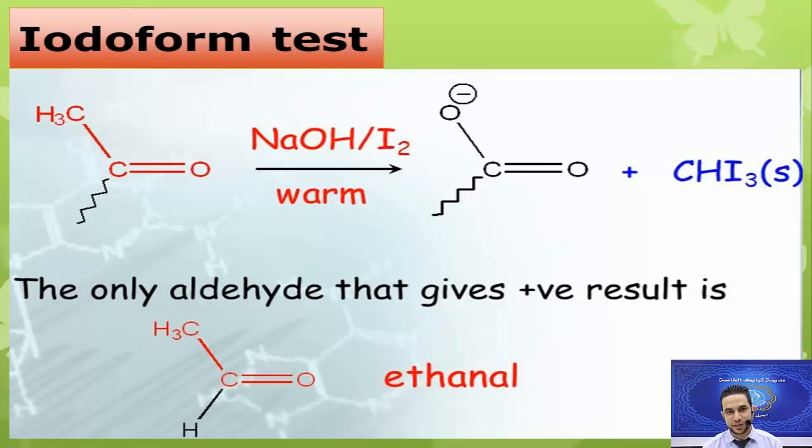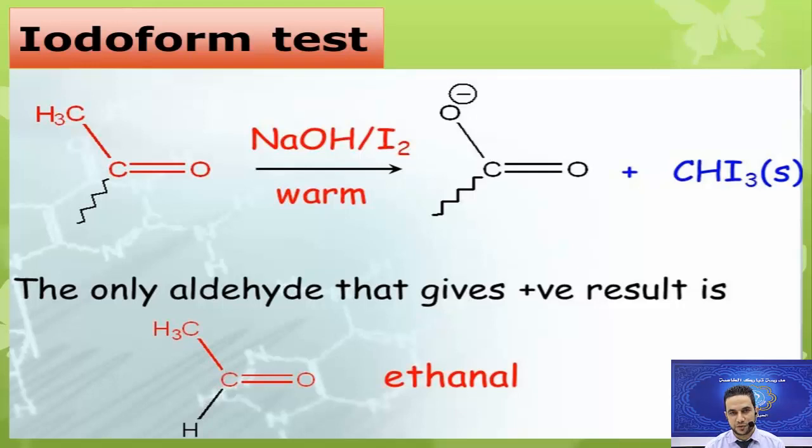And if it is a positive result, you will get a yellow precipitate of CHI3. So now I test aldehydes and ketones. In aldehydes, only one aldehyde can give a positive test, it is ethanal.